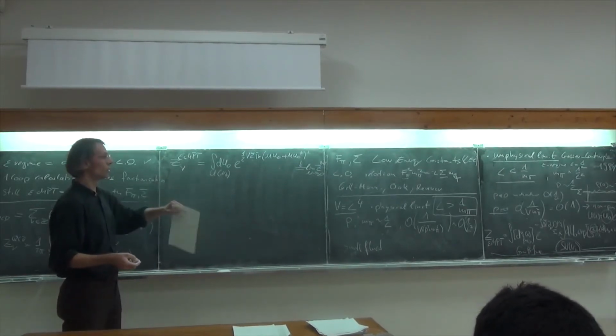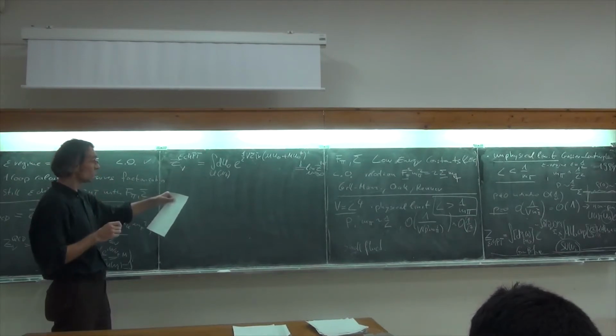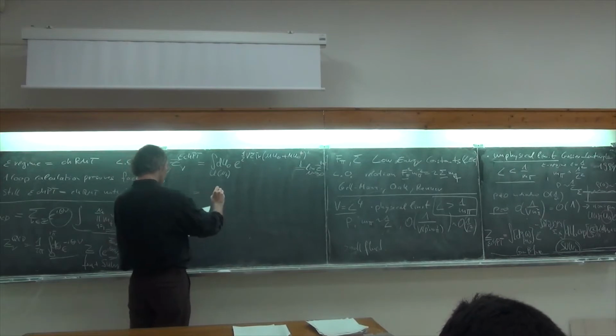Well, I will not compute it, I will give you the answer, but I will give you a reference. This is a very nice unitary group integral that actually comes out as follows.